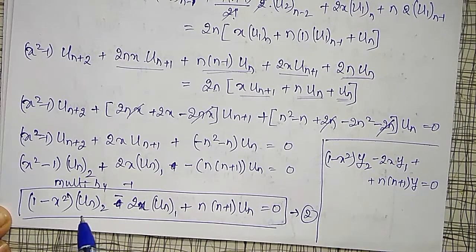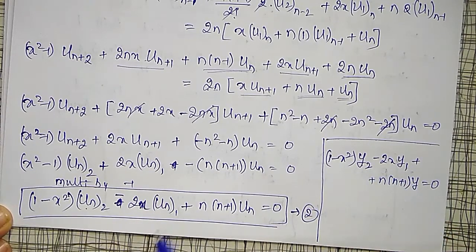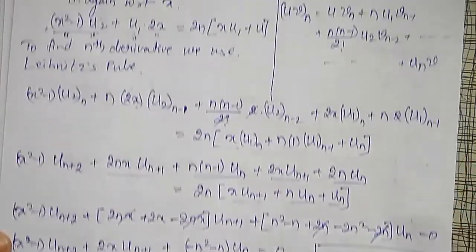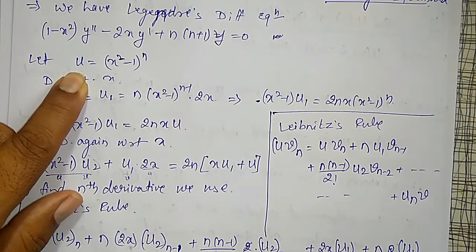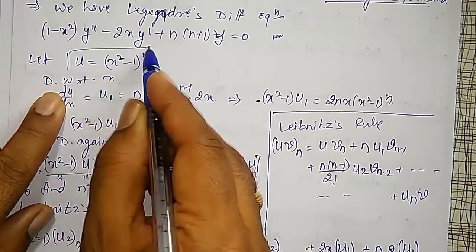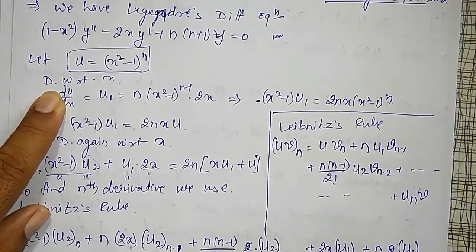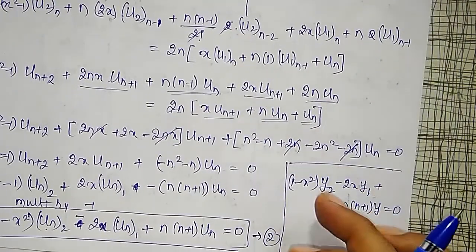Comparing these two, you can observe here un is nothing but your y, correct? Therefore un is nothing but the nth derivative of this u. Therefore the nth derivative of this is representing a solution for Legendre's equation.